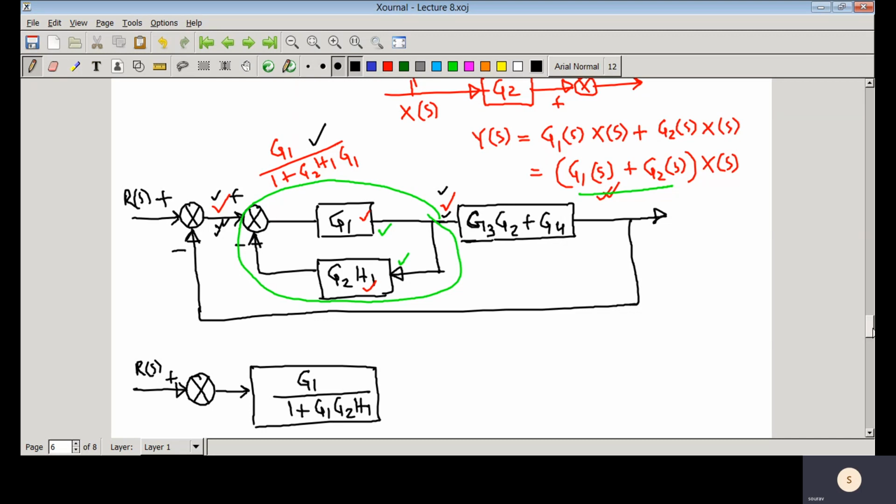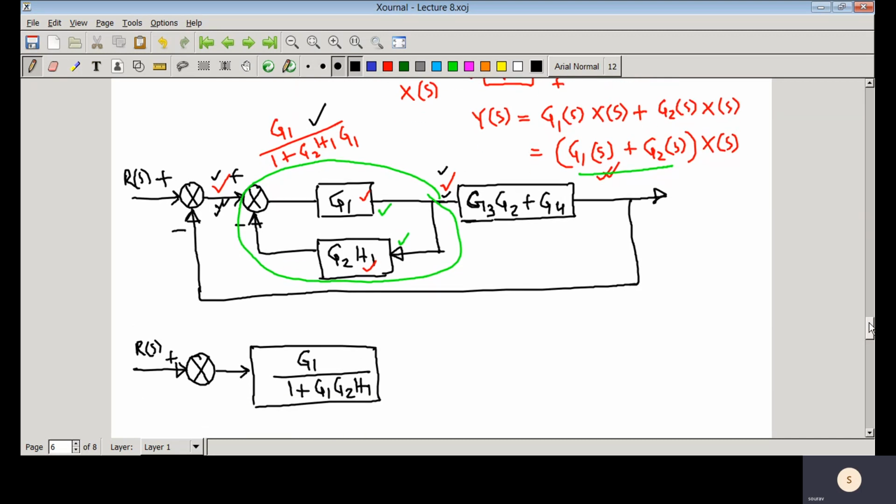As they are single input single output, there is no problem if you write G2 H1 G1 equal to G1 G2 H1. From this particular point to that point, the transfer function is this.